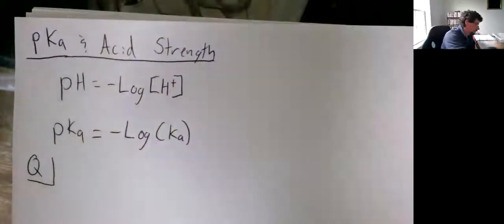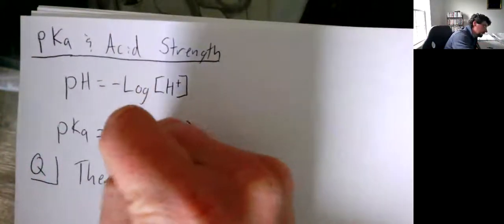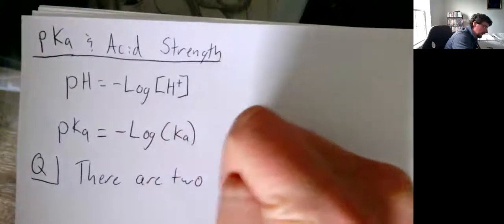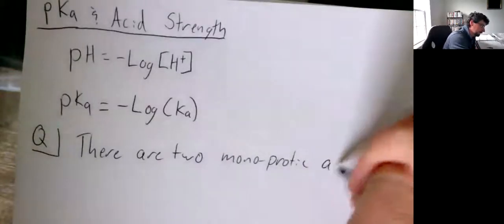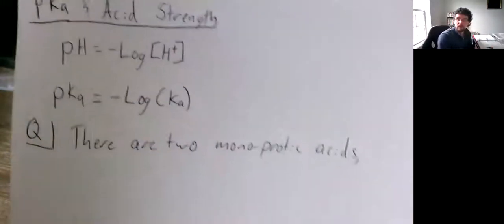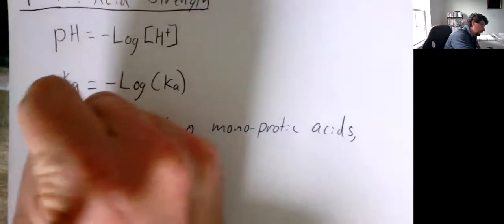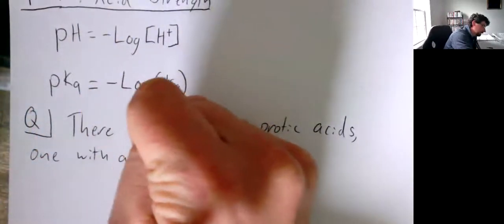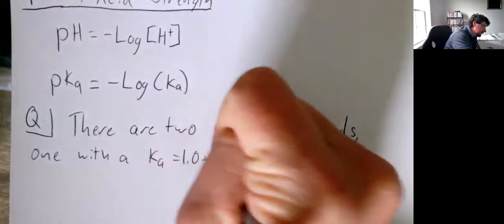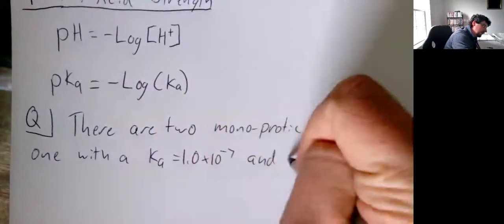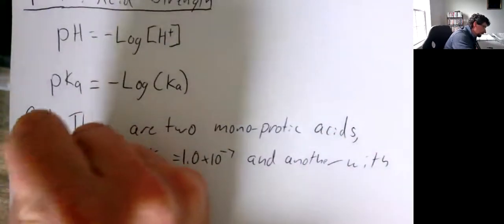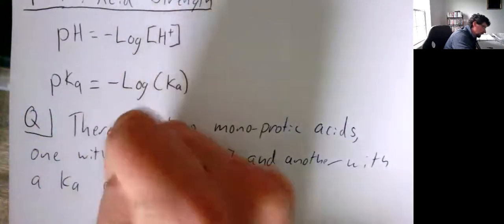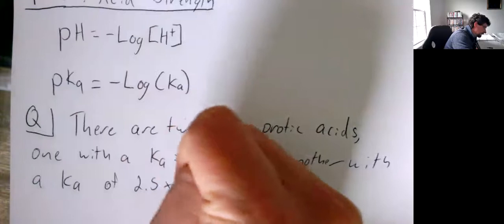So let's ask the question, if we have two monoprotic acids, and the first one has a Ka of 1.0 times 10 to the minus 7, and another with a Ka of 2.5 times 10 to the minus 4.